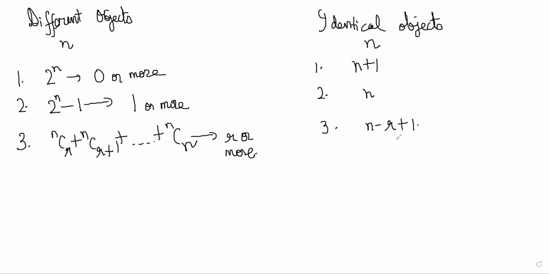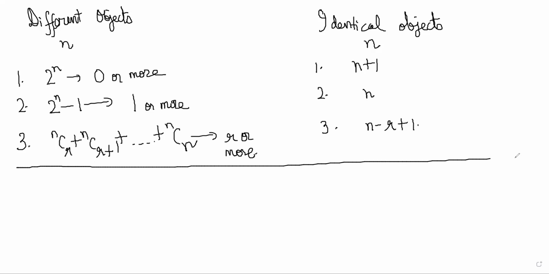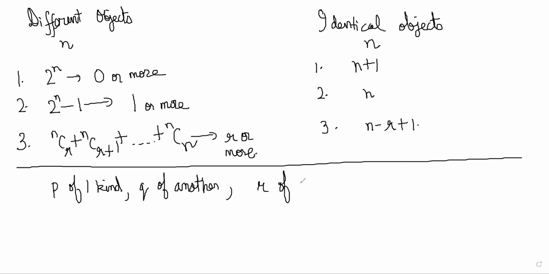Is everyone understanding this difference? Now, the only thing in the other questions that we saw is that there were p of one kind, q of another kind, and r of another kind. And there were n different other objects also.